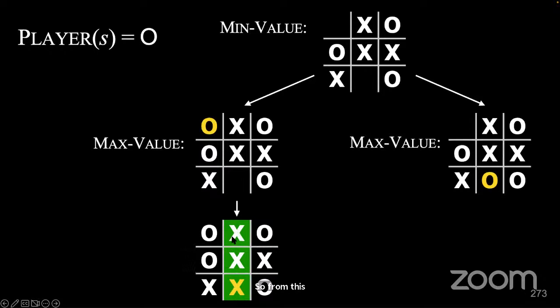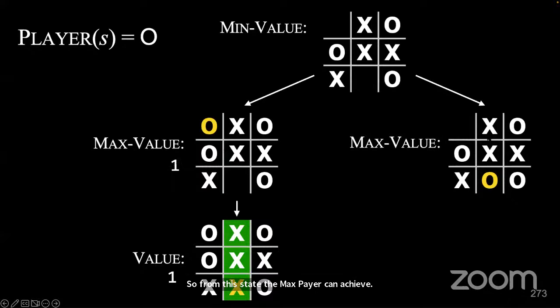This is the only option, and here we get a terminal state. One thing I need to mention earlier: once we get a terminal state, we get a value, and this value is propagated upward. So from this state, the max player can achieve value 1.